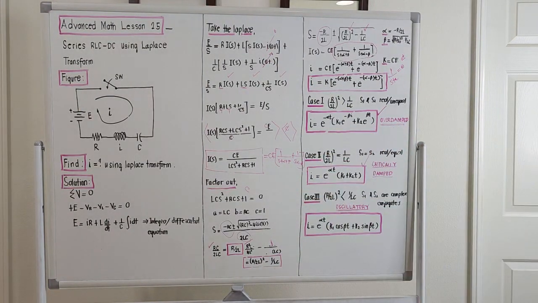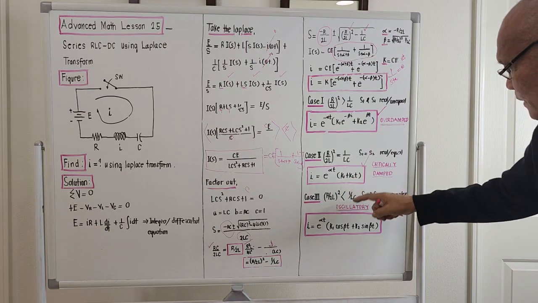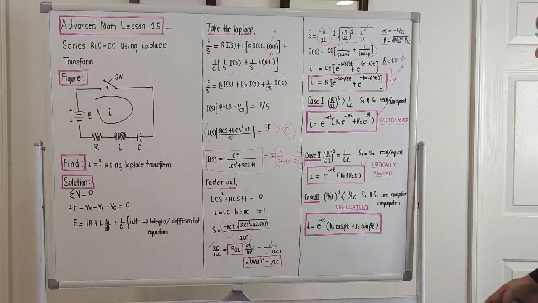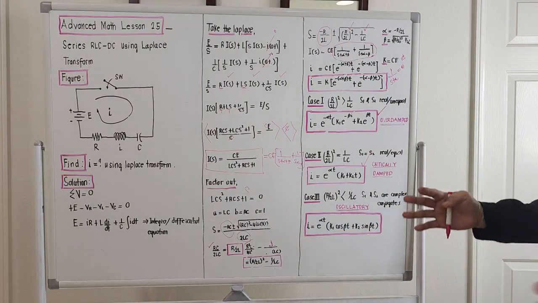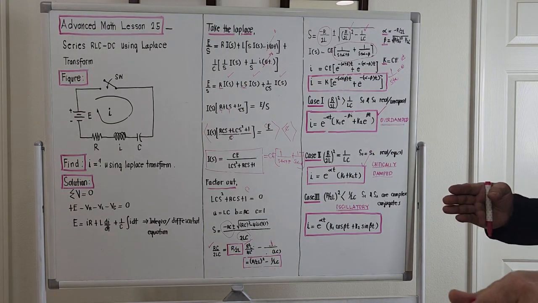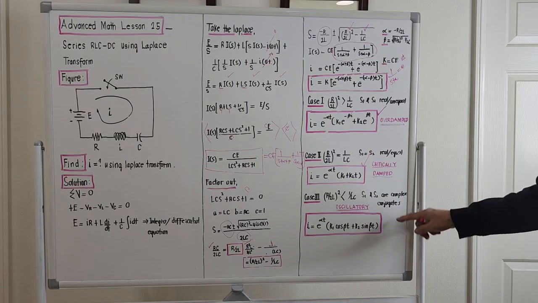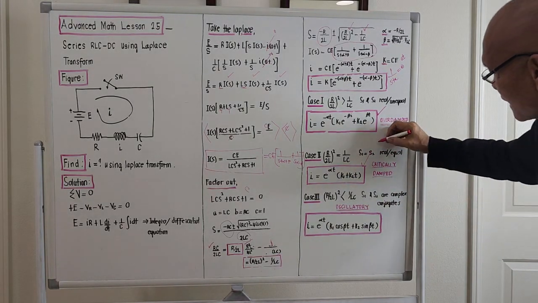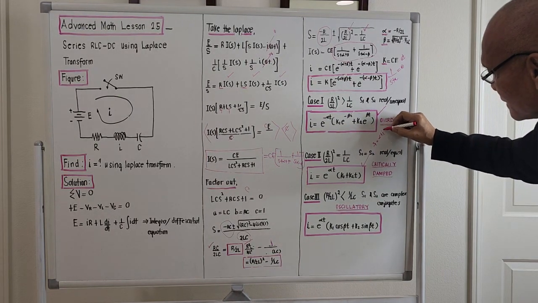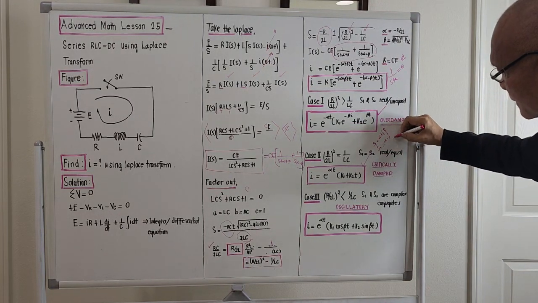For case number 3, if the ratio R over 2L quantity square is less than 1 over LC, S1 and S2 are complex conjugates. They are complex numbers and they are complex conjugates, meaning one has a plus imaginary part and the second one is actually a minus. So S1 is equal to alpha plus j beta and S2 is equal to alpha minus j beta.